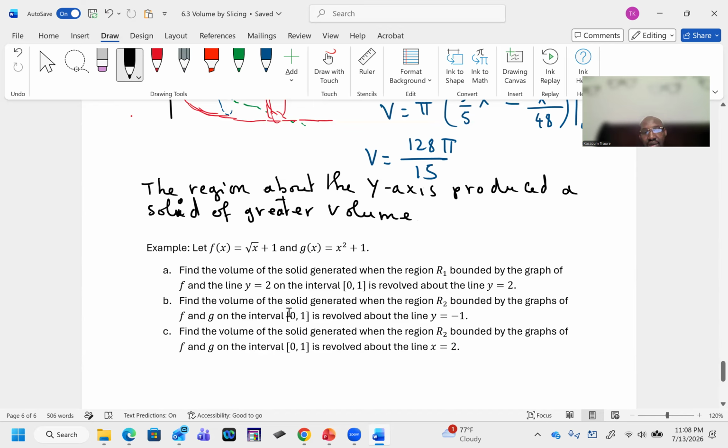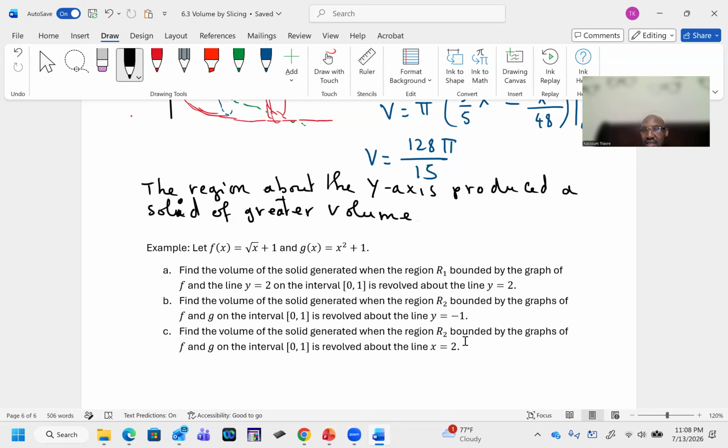B, find the volume of the solid generated when the region R2 bounded by the graph of f and g on the interval 0, 1 is revolved about the line y equals -1. And finally, C, find the volume of the solid generated when the region R2 bounded by the graph of f and g on the interval 0, 1 is revolved about the line x equals 2.